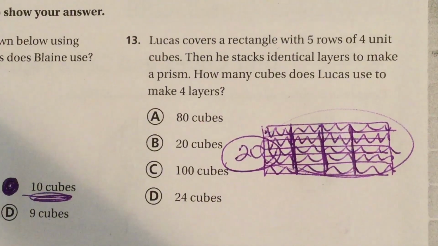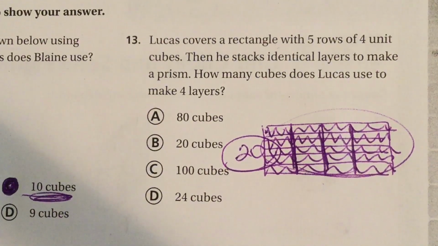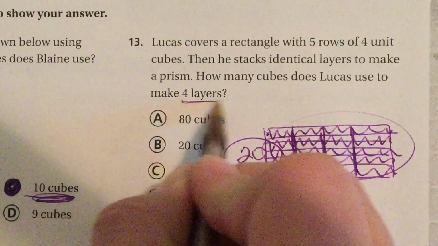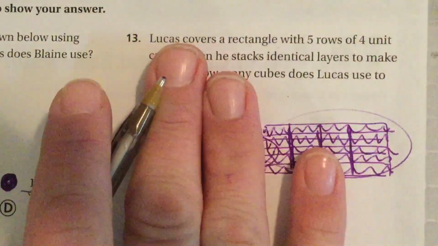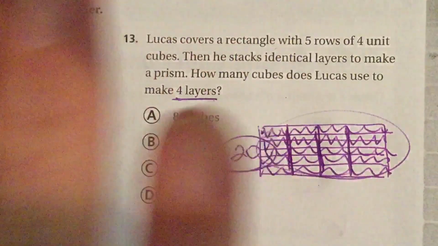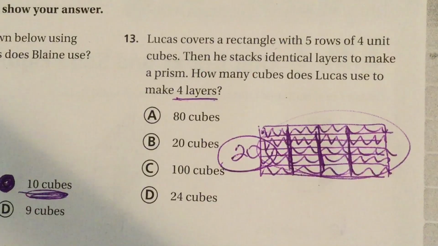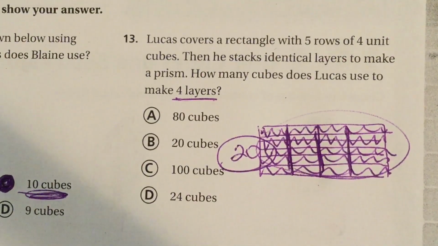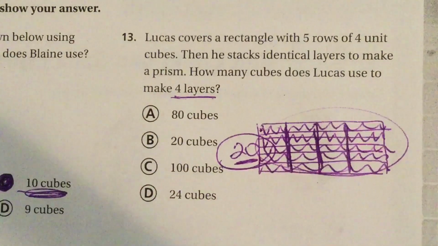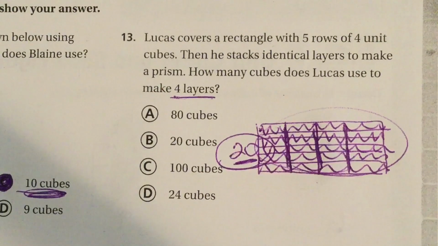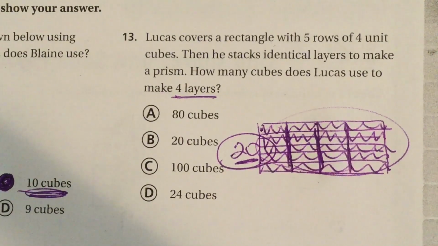Okay, and he's going to stack it in 4 layers. So if I have 20 on the bottom, so visualize that. If I have 20 on the bottom, and I'm going to stack it 4 high, 4 total layers, how many total cubes will that be?